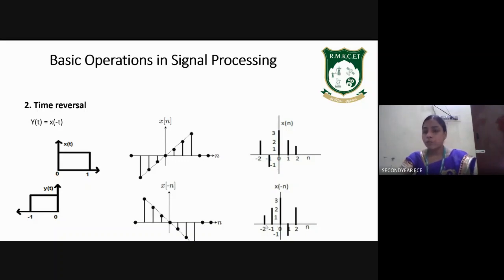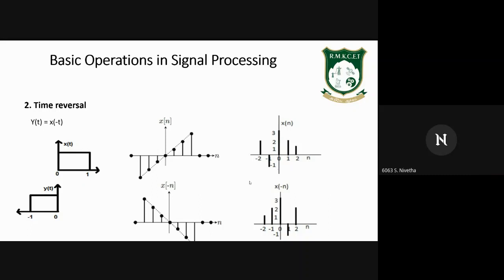So if you see, it is reversed. It has got reversed. Minus 2 becomes plus 2 here. Minus 1 becomes 1. 0 is the same. 1 is minus 1. 2 becomes minus 2 here. It is reversed. Very easy one only, are you following?